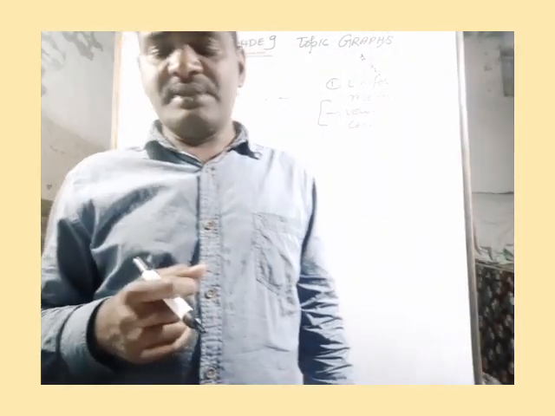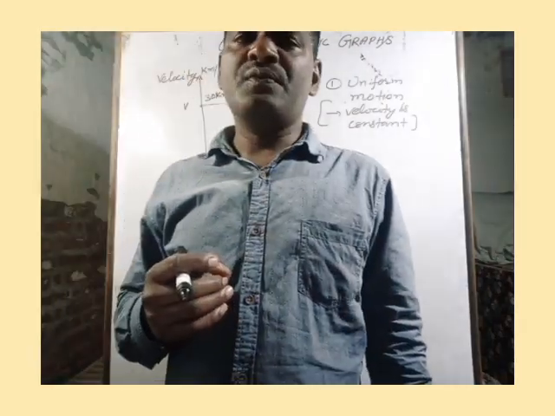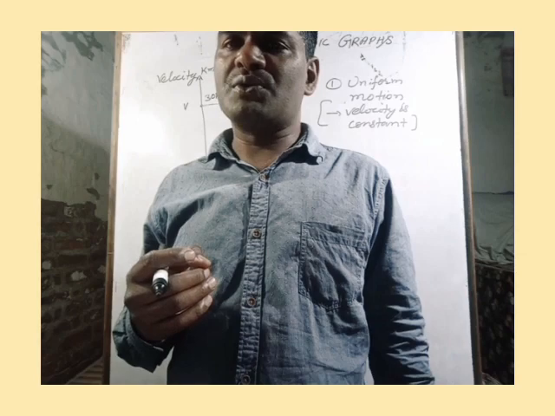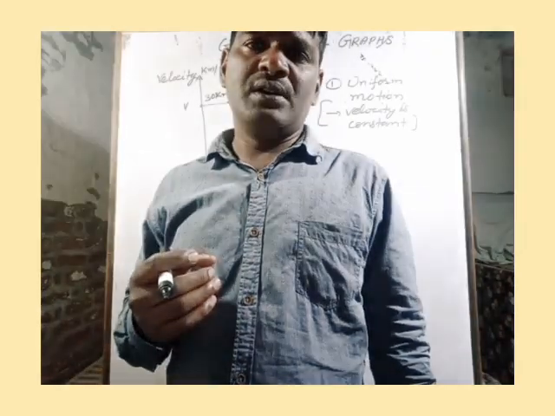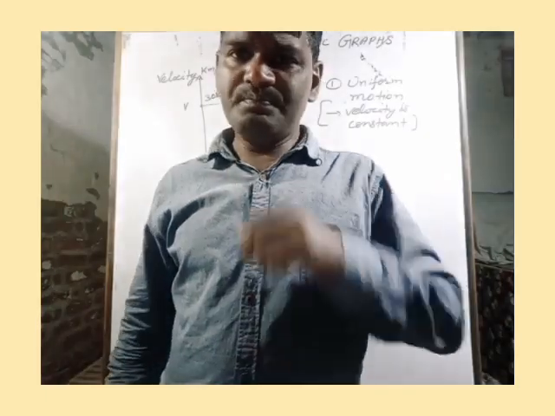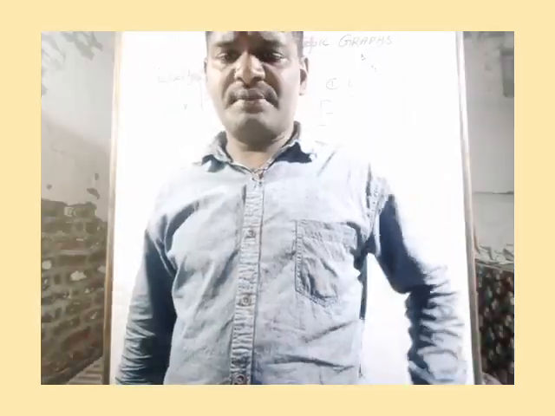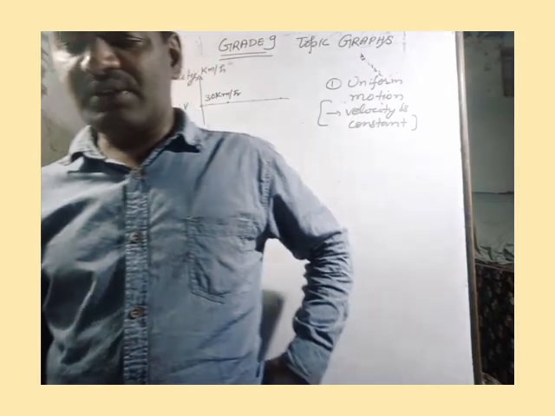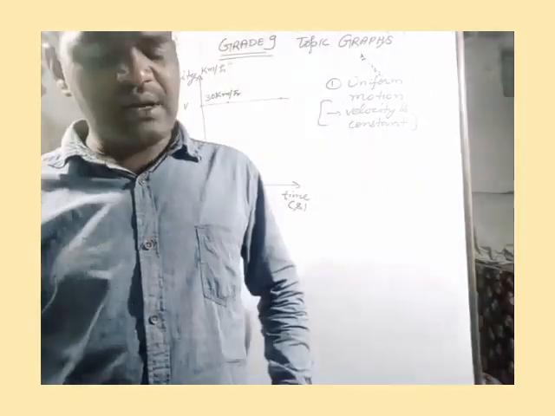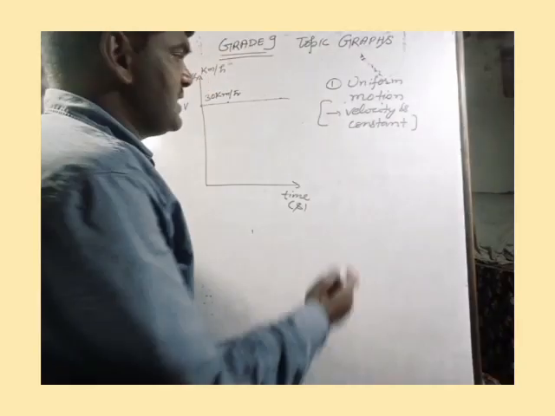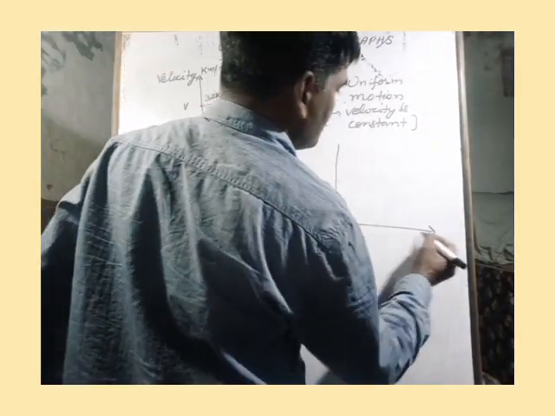Okay. Similarly, we can plot the velocity time graph for non-uniform motion. Okay, my dear student. So you can compare the velocity time graph for non-uniform motion like that. What will happen for non-uniform motion?